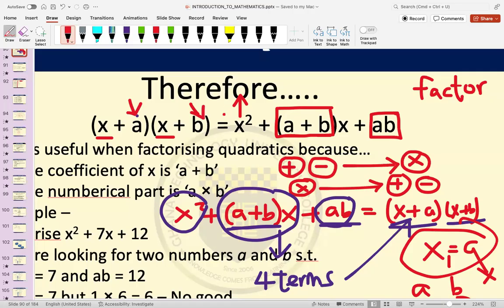What I'm trying to say is that when you come on the right-hand side, these two answers you are going to get, A and B, first of all, they will add up here. And then secondly, they will multiply and be written here. Let's pick an example to illustrate what I'm trying to say.